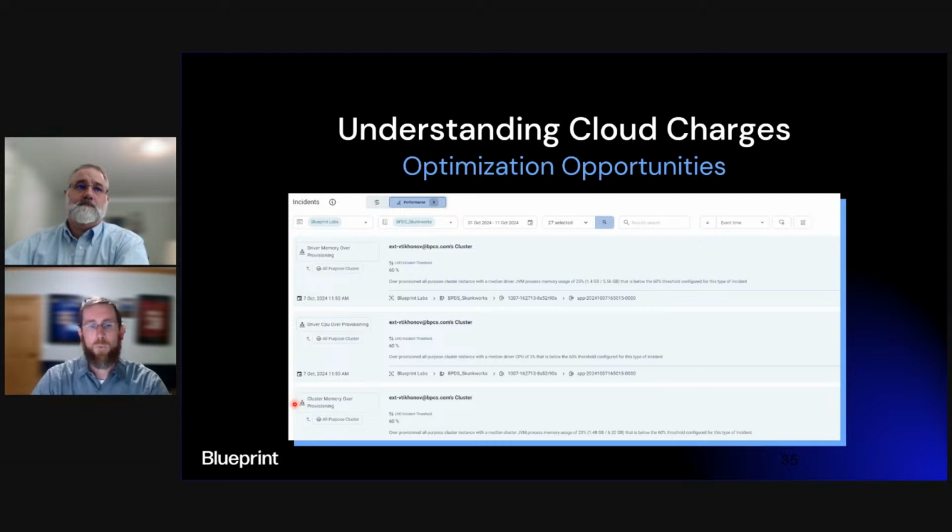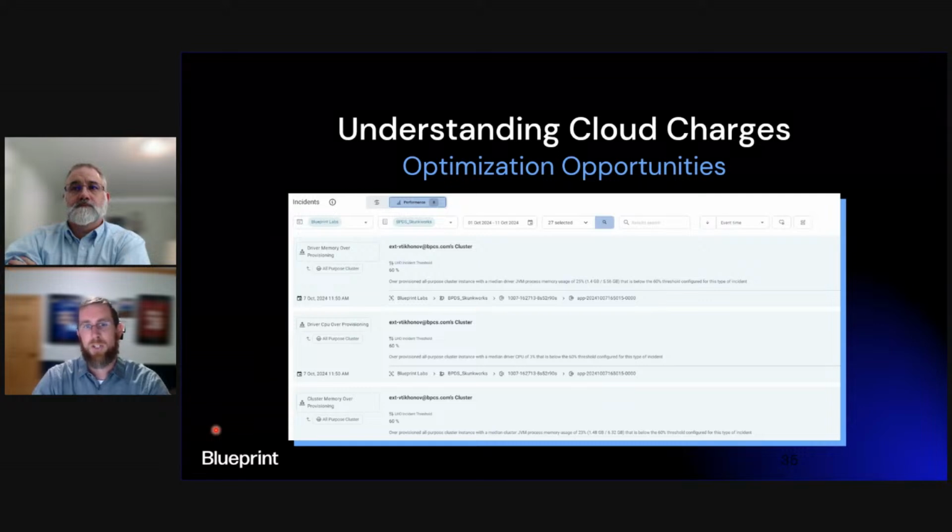So we're using an oversized cluster, so we're not saving any processing time because we have too many unused resources, and so therefore we're wasting money because we spun up a larger cluster than what we should have.